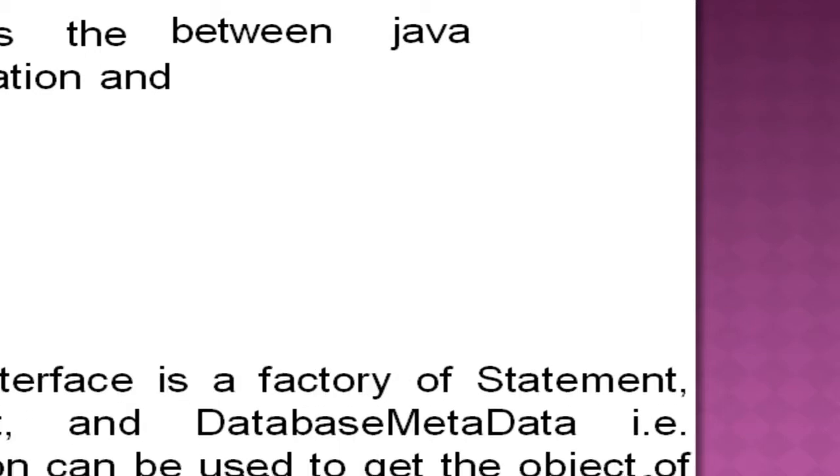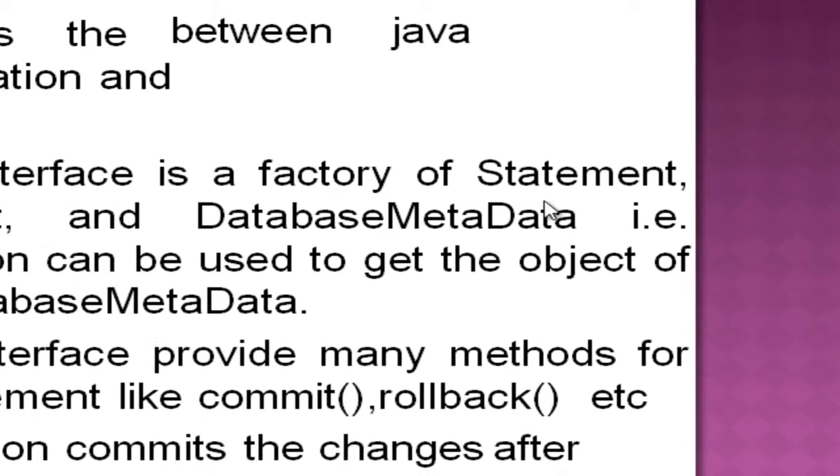So here the connection interface is the factory of statement, prepared statement, and the database metadata. That is, the object of connection can be used to get the object of the statement and database metadata.